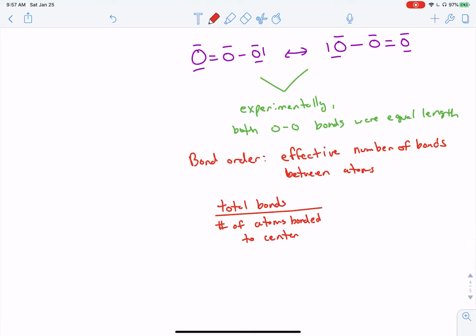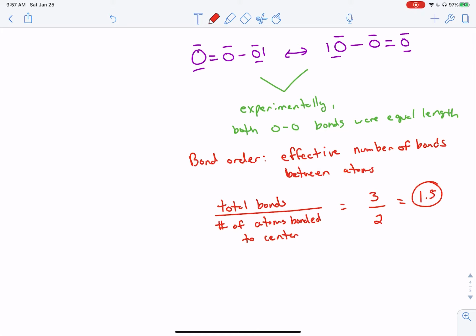So it's the total number of bonds between all the atoms divided by the number of atoms that are bonded to that center. So for ozone, there are 3 bonds total, and there's 2 atoms of oxygen bonded to the center. So the bond order for ozone is 1.5. And we're going to keep doing this.